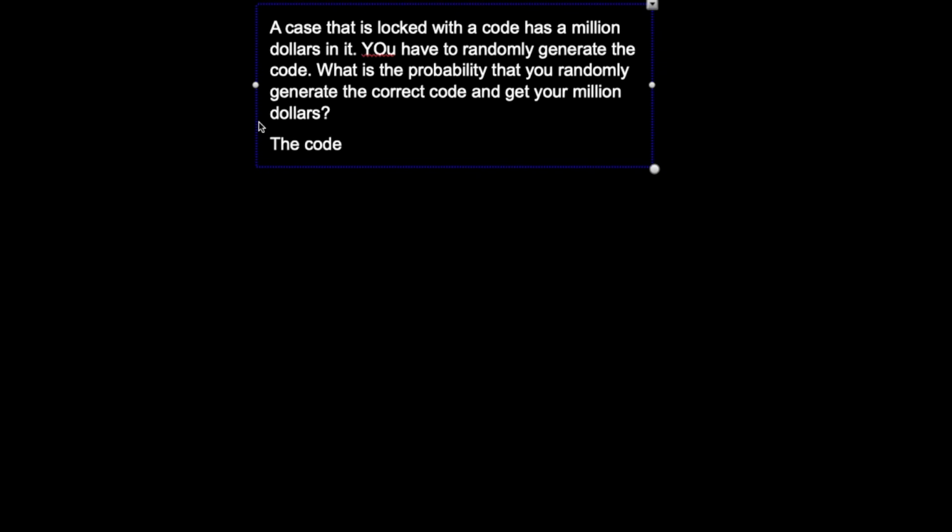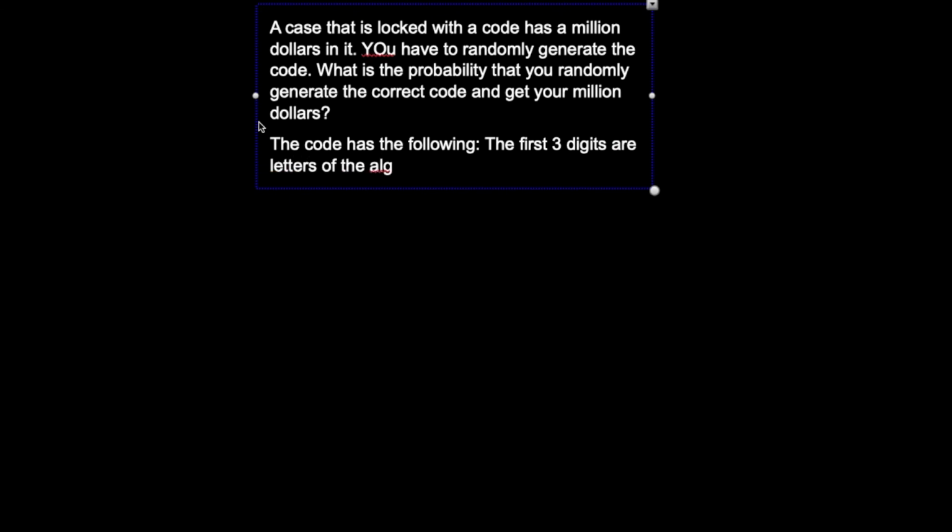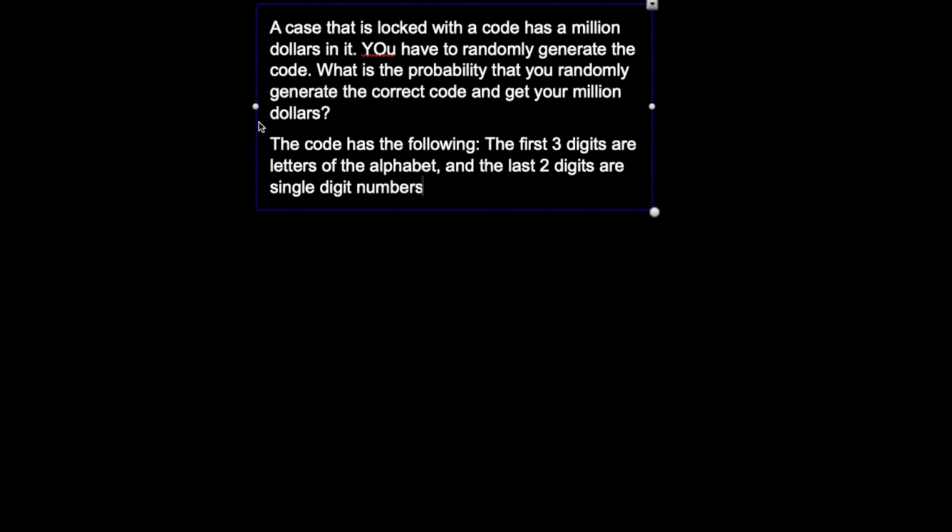The code has the following. The first 3 digits are letters of the English alphabet. And the last 2 digits are single-digit numbers. The letters can be repeated, but the numbers cannot.